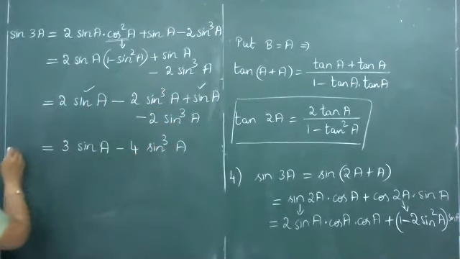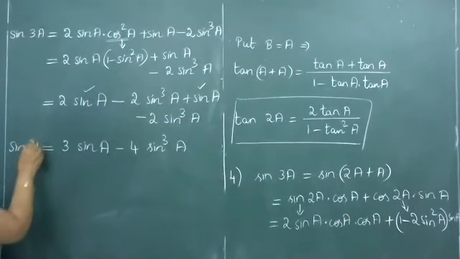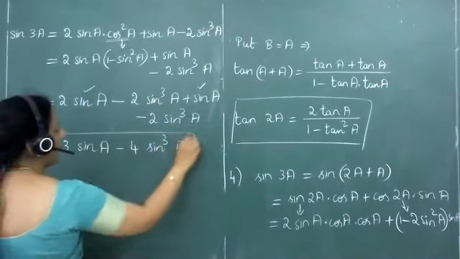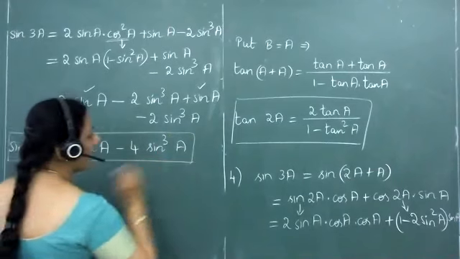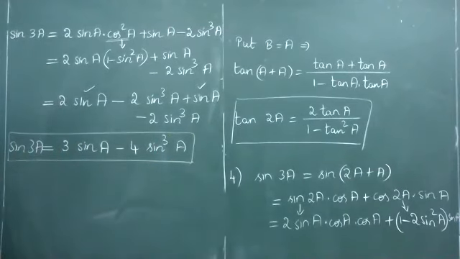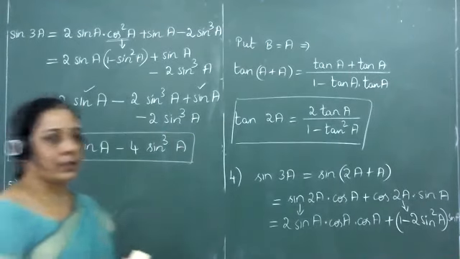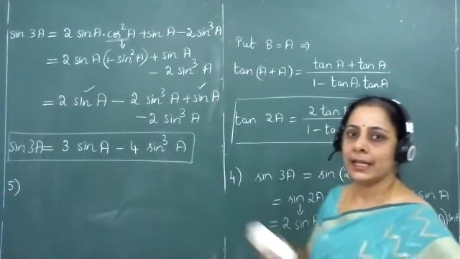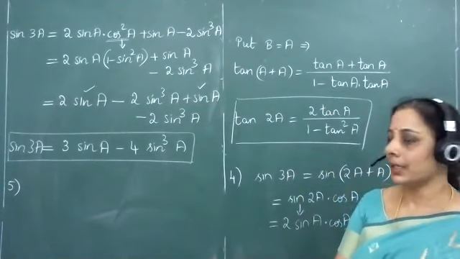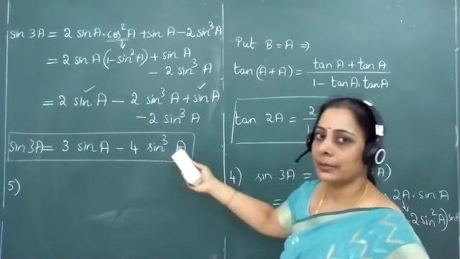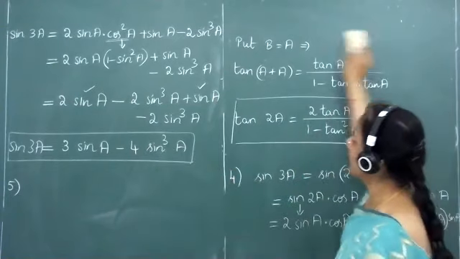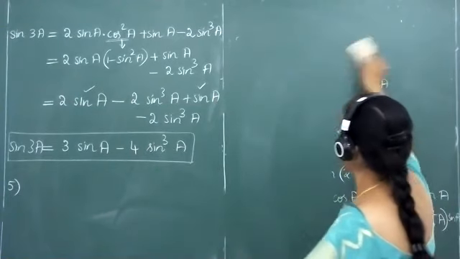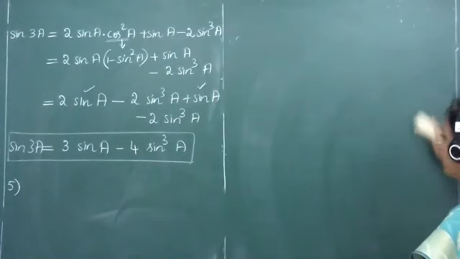And so we have the formula of sin 3a, which is given by 3 sin a minus 4 sin cube a. As you can see here, every term in the RHS of the formula of sin 3a is only written in terms of sin ratio.